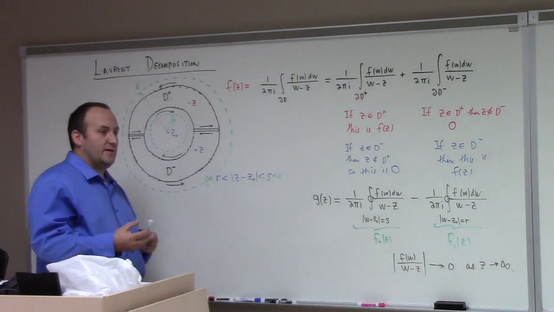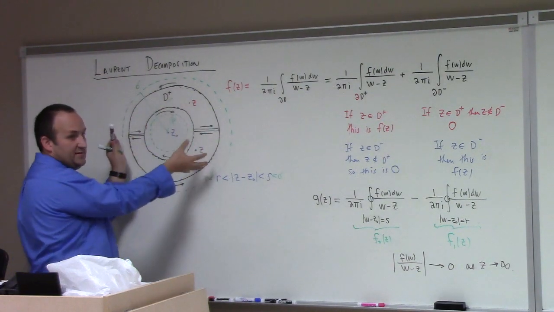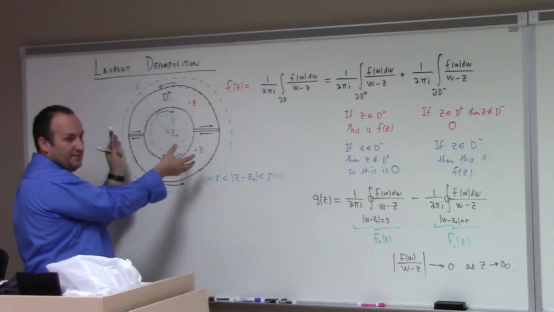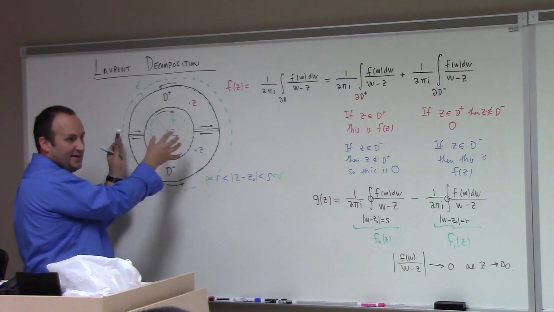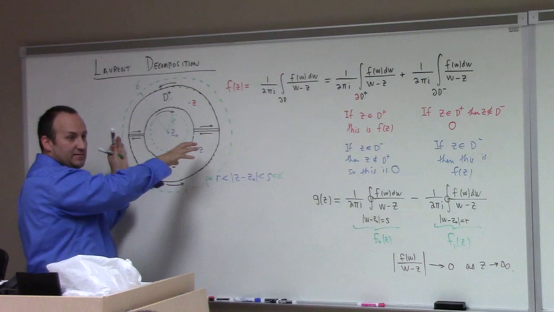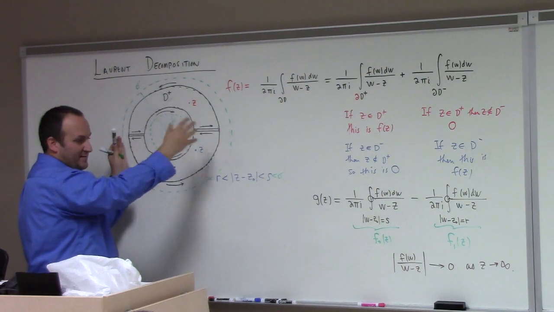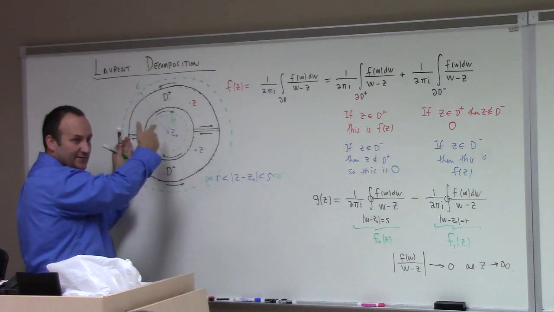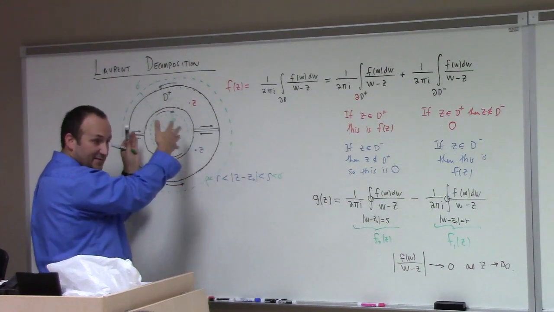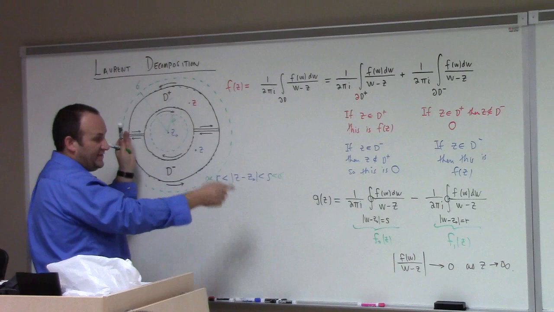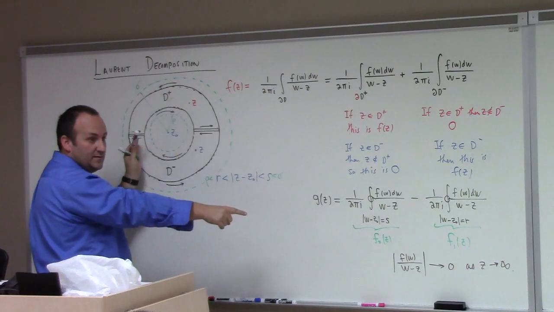Because W is always within this finite region, right? So W and F of W are as big as they get over this compact region. By the extreme value theorem, this is a compact set, F is continuous on this compact set, so the modulus of F attains a maximum. And Z is definitely outside of here because it's going to infinity.